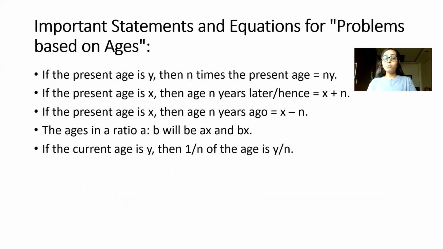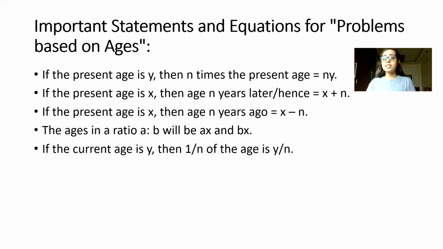Before moving forward, we should understand some basic equations and statements needed for solving such problems. First, if the present age is y, then n times the present age is ny. If it says 5 times the present age, it should be 5y, considering y as the present age.